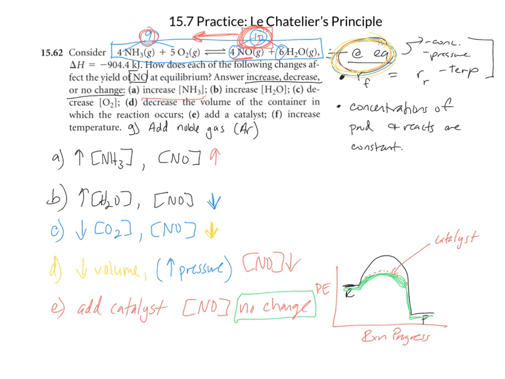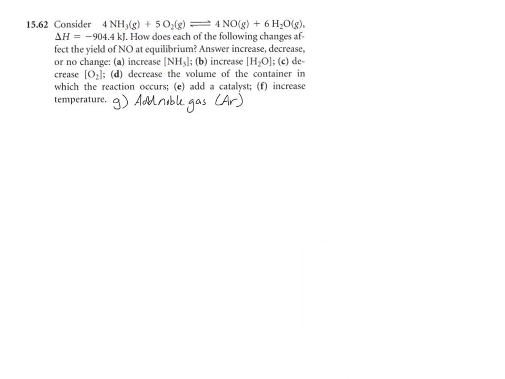And F, increase the temperature. So if we increase temperature, we have to look at this reaction. I'll rewrite it. And we got to think about how heat affects it.